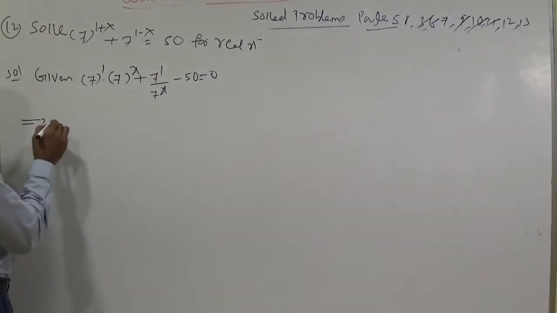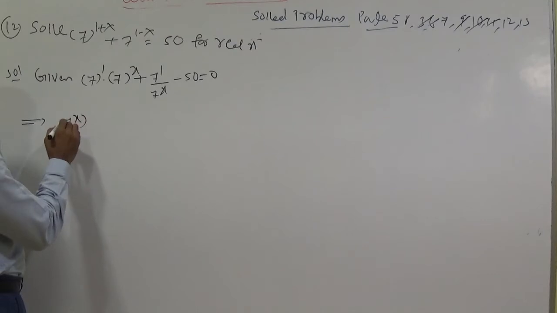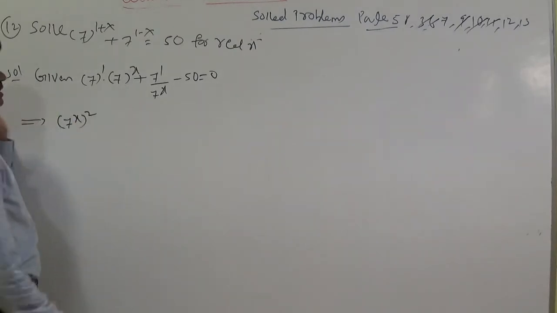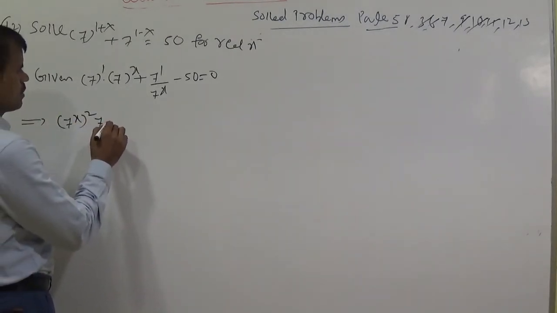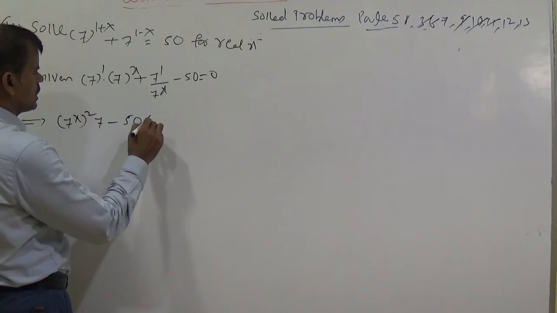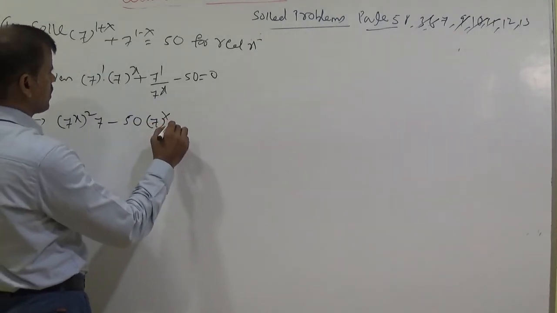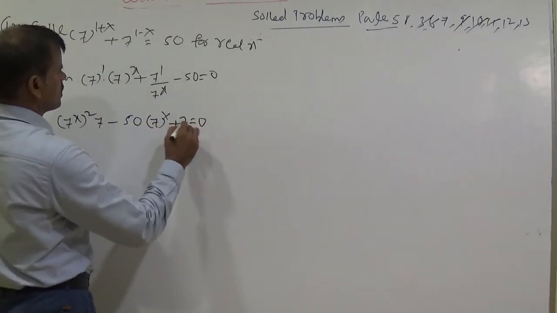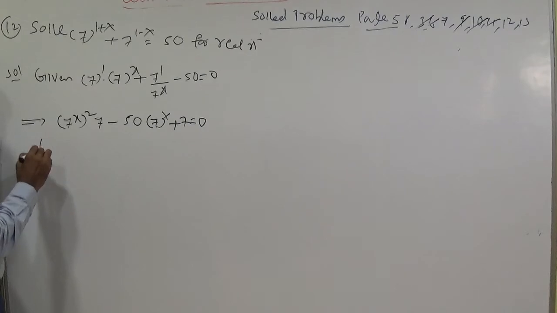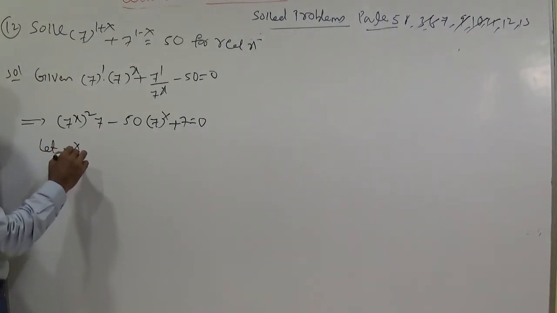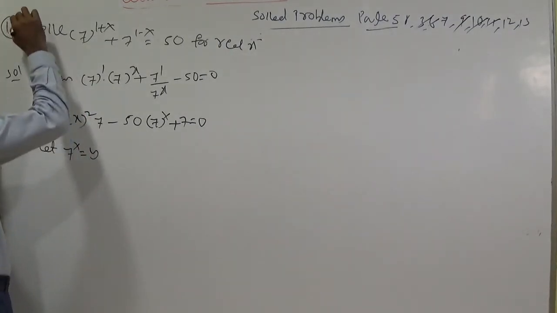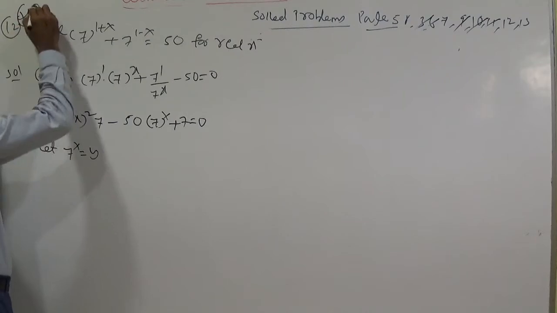Taking 7 power x as LCM, it becomes 7 into (7 power x) whole square plus 7 minus 50 into 7 power x equal to 0. Now let 7 power x is equal to y. This is a 4 marks question.